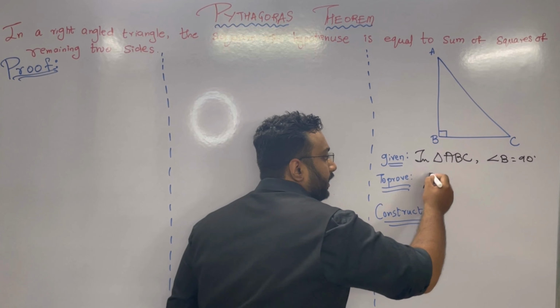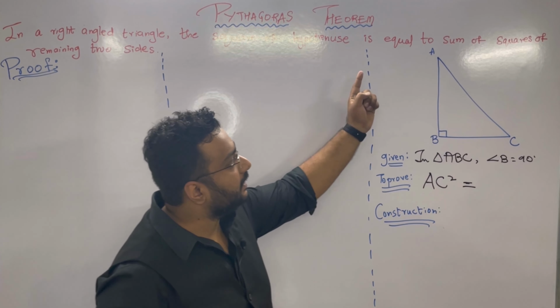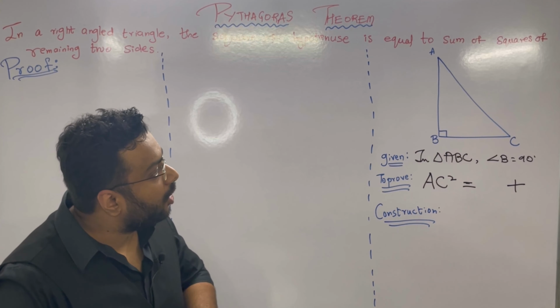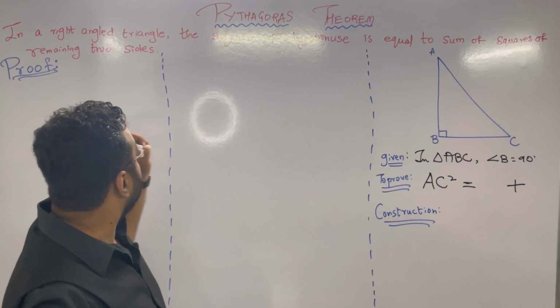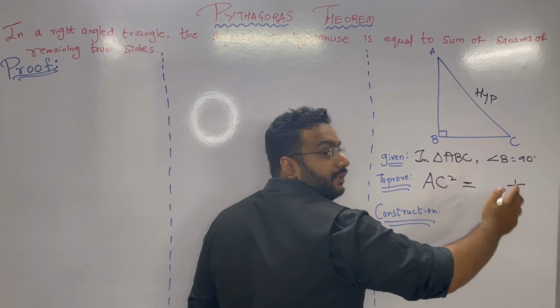That means there is an equal to sign over here. So the square of the hypotenuse is equal to the sum. Sum, we all know, means plus. That means it is addition. Sum of squares of the remaining two sides. So if you observe here, AC is the hypotenuse, so we have written its square. And it says sum of the remaining two sides.